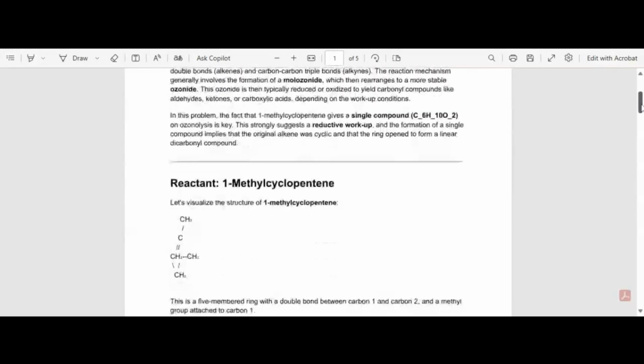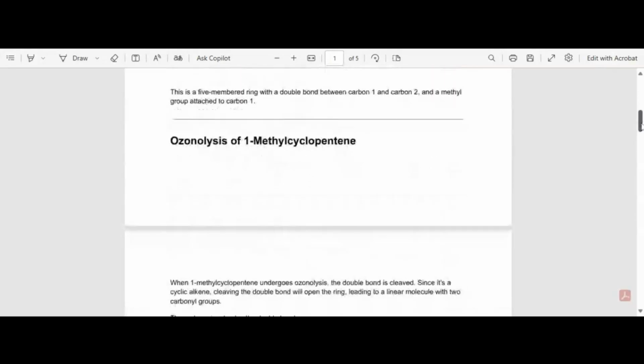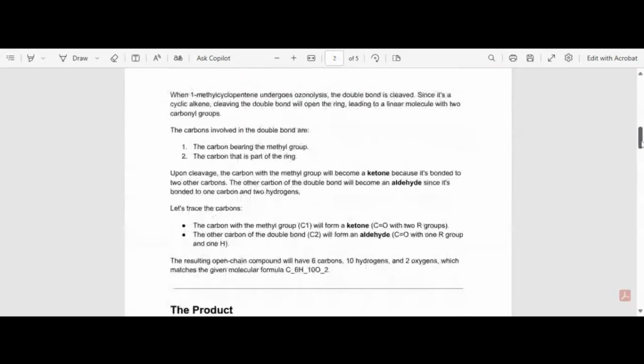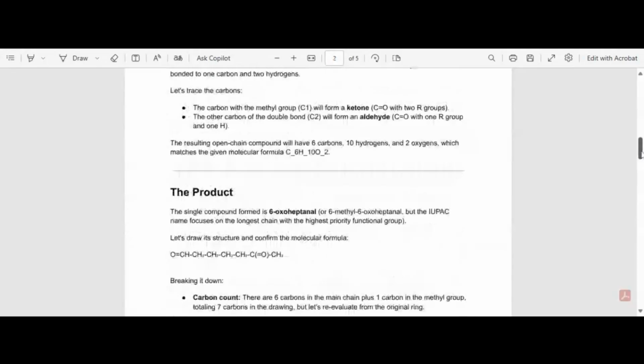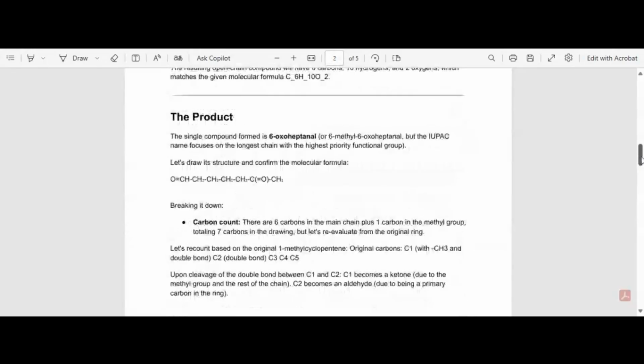Okay, so here's a reactant: 1-methylcyclopentene, and we get a product, 6-oxoheptanal. So you're going to get an aldehyde. You get a straight chain aldehyde.